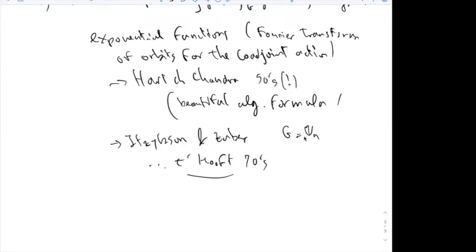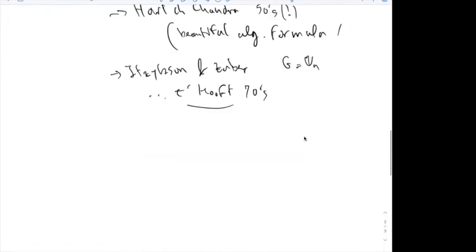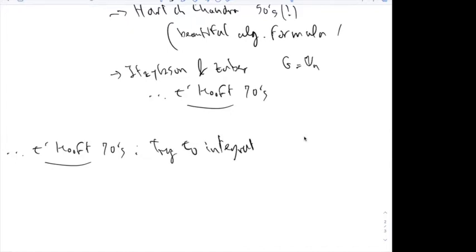So maybe I'm going to copy what he was trying to do: to integrate polynomial functions on classical groups.